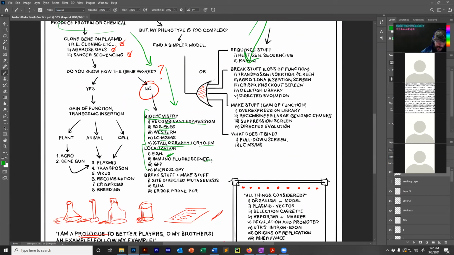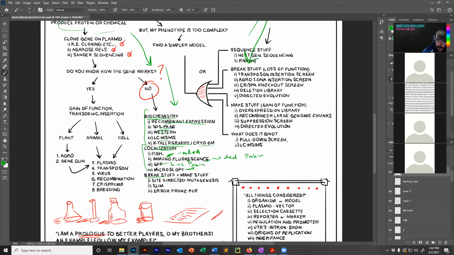You could do immunofluorescence to localize the protein. You could fuse it to GFP to figure out where it's going in live cells. So this is going to be live. This is going to be dead. This is going to be protein. This will be protein. This would be messenger RNA. And you can do microscopy then to see where things are. Okay, that's another common trajectory.